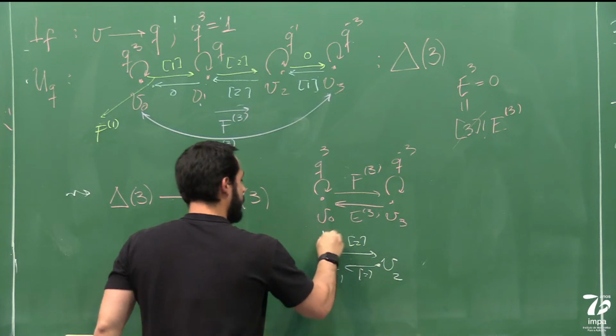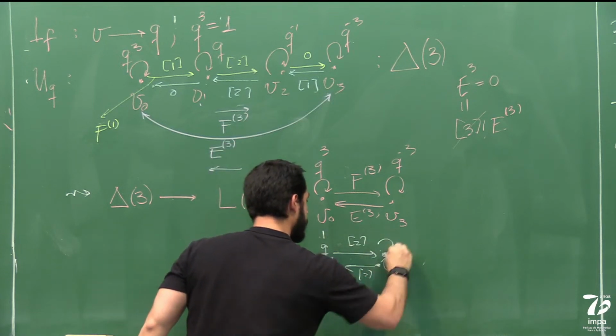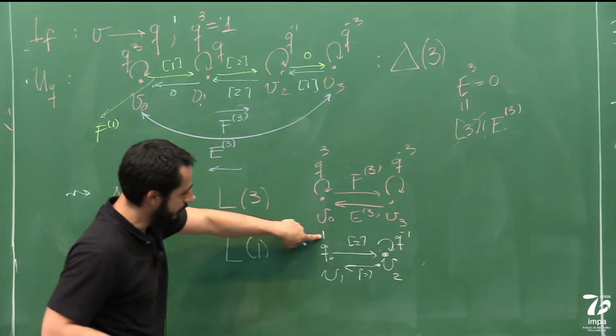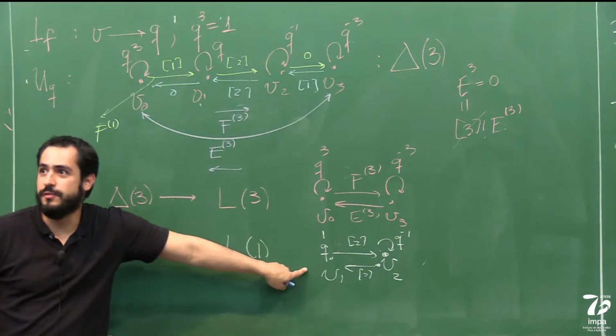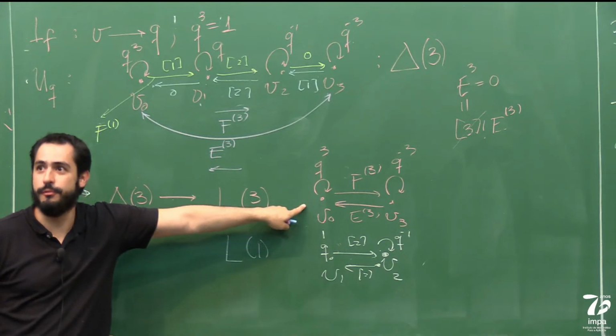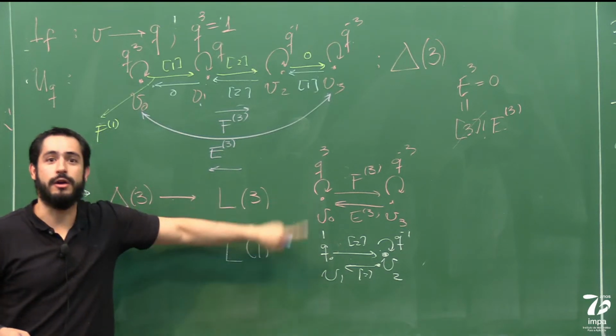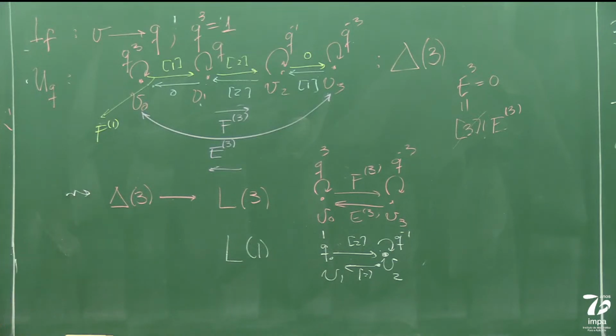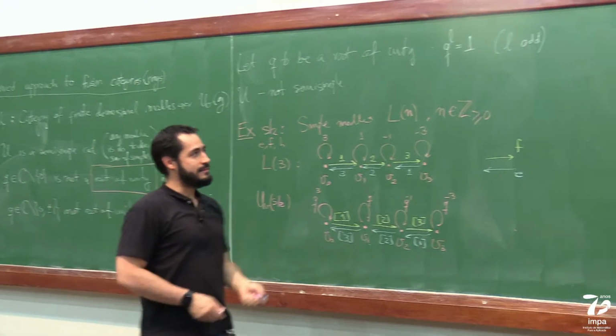But this is of weight 1. So this is the irreducible module of weight 1, dimension 2. Irreducible module of weight 3, dimension 2 again. So now dimension is not something that can classify the irreducible modules, as happens in the usual semisimple case. Then the things start to change.